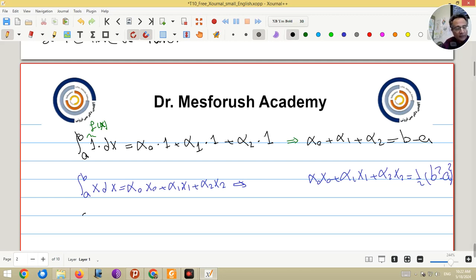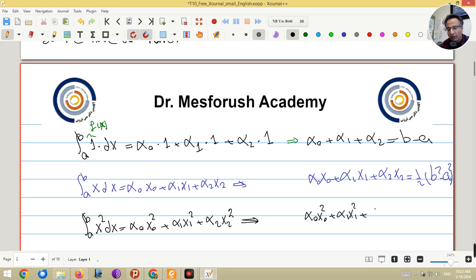Okay, and for the last one I should put instead of f x squared dx, and this should be alpha 0 x0 squared plus alpha 1 x1 squared plus alpha 2 x2 squared, and this should be equal to 1 over 3 times b cube minus a cube.